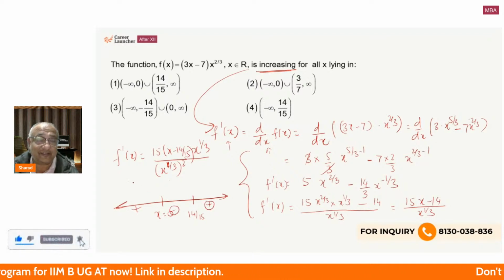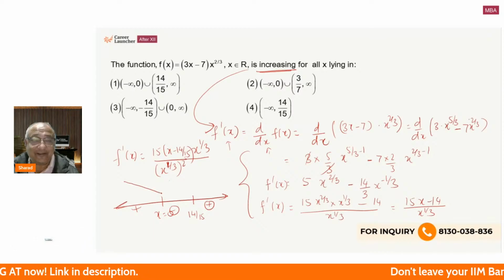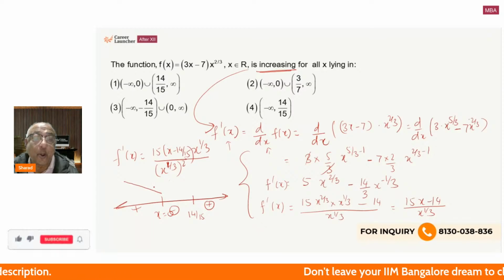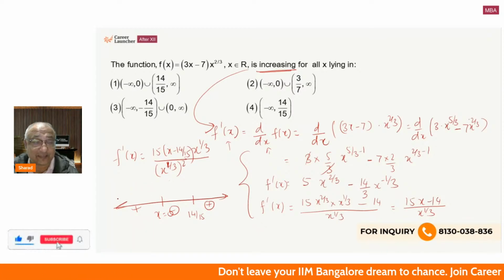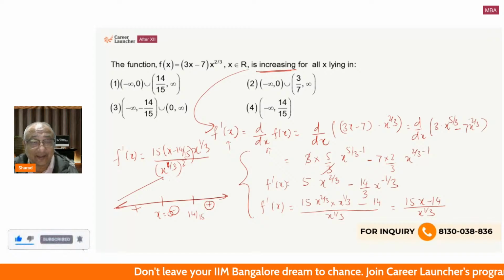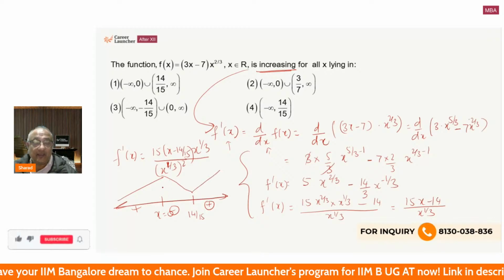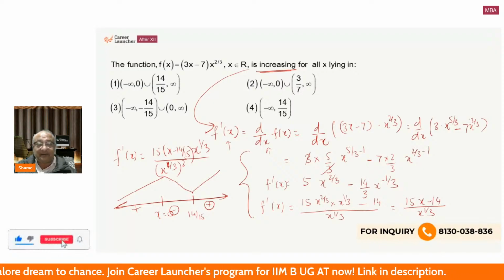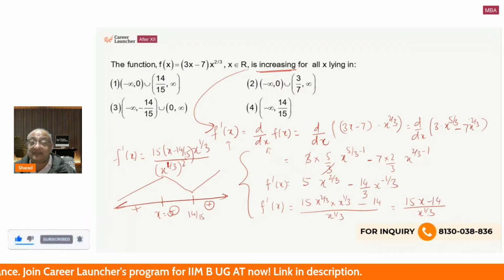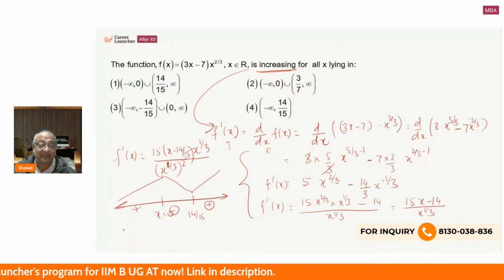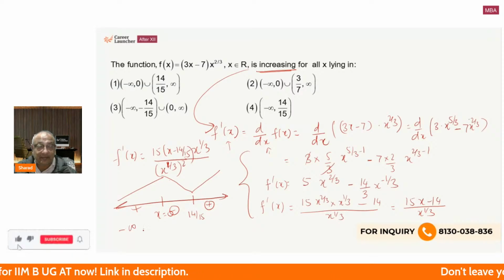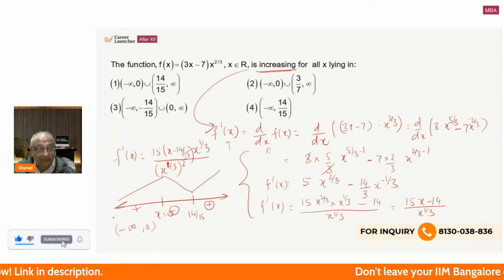How does the function behave? Decreasing? No way, this is plus, so it is increasing. Negative, so this is decreasing and this is increasing. There is a local maxima here, and here it is local minima, but this is not asked. It is asking where it is increasing. It is increasing from minus infinity to 0. This is the reason.